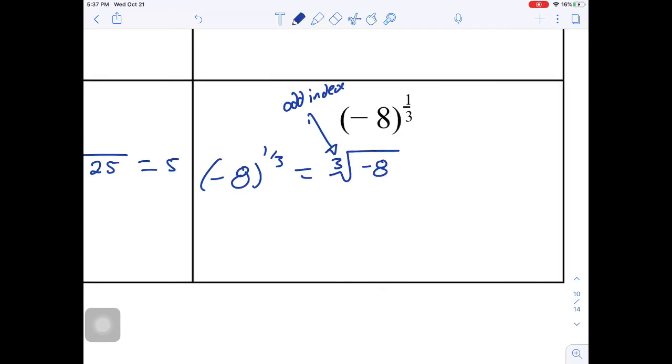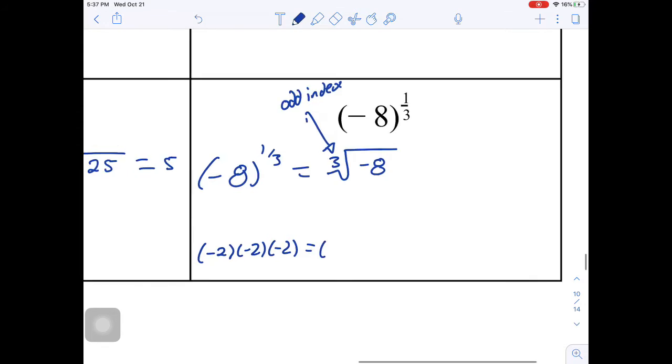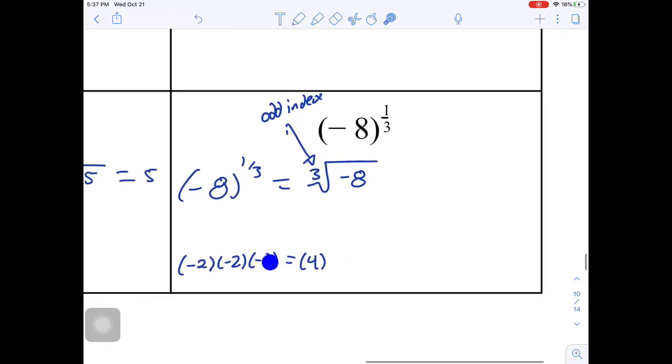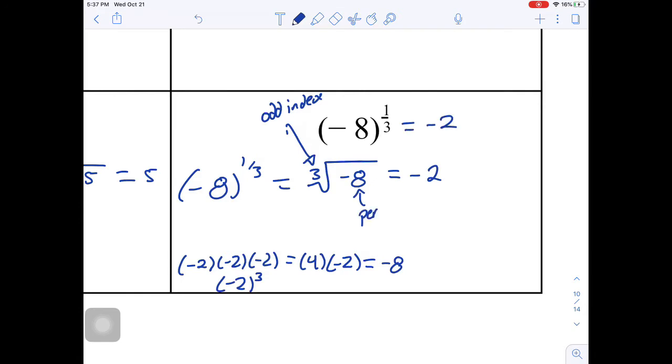So what is the cube root of -8? Well, I know that -2 times -2 times -2, let's talk about that. -2 times -2 gives me +4, times -2. 4 times -2 is -8. So this is -2 cubed. So here we will get -2, because this is a perfect cube.